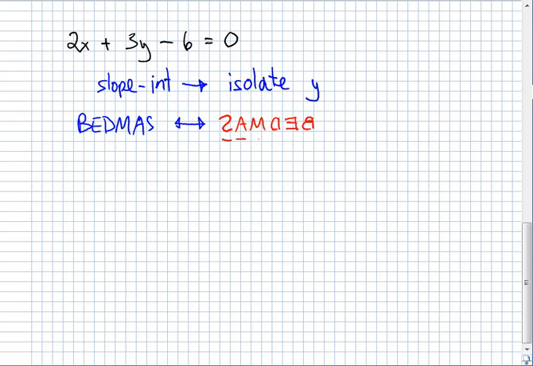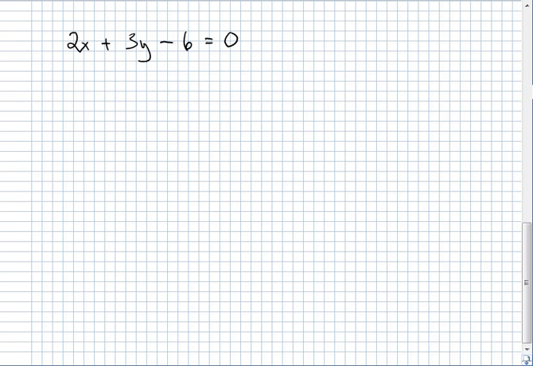So add or subtract whatever needs to be added or subtracted first, and then when the y is by itself, but there's still stuff attached to it, like multiplied or divided by it, you're going to multiply or divide to get rid of stuff. So you do the addition subtraction stuff first, then you multiply or divide to isolate y. So in this example here, I'm going to first add 6 to both sides.